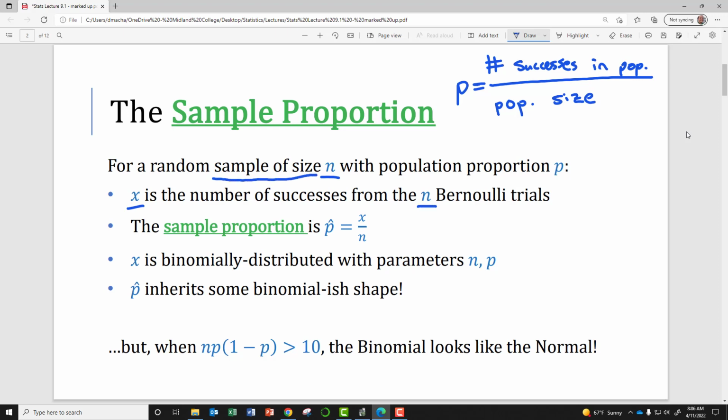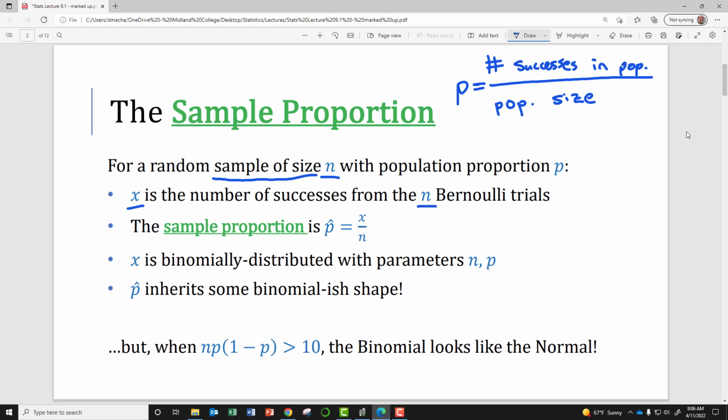And so that means if you're using our dog park metaphor, X isn't the total number of border collies at the dog park, but if we took a sample of just maybe 5 dogs or 10 dogs, right? Well, then our sample size n would be 10 for sampling 10 dogs, and X would be the number of border collies out of those 10 dogs that we randomly sampled from the population.